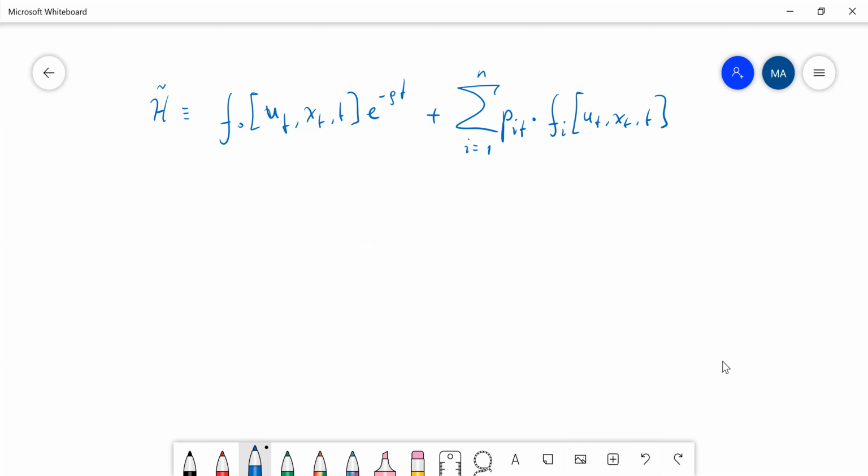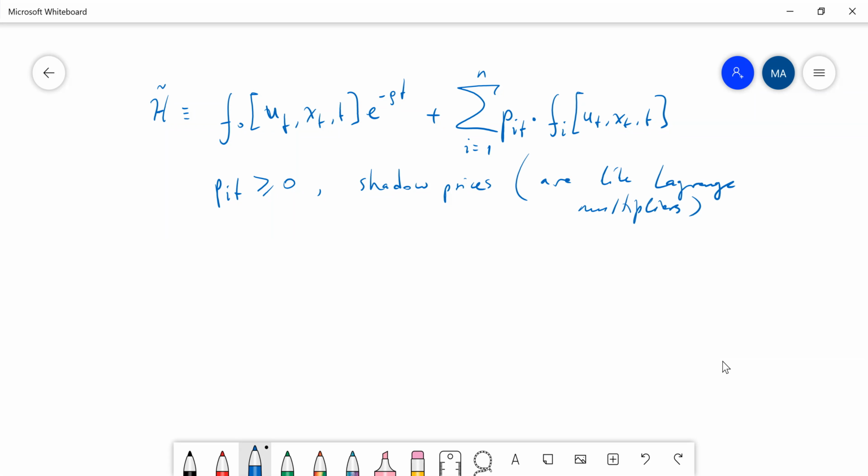Okay? So here, the p_it are non-negative, and they are the shadow prices. Again, shadow prices are like Lagrange multipliers, because they are non-negative and they show me the cost of violating the constraint.